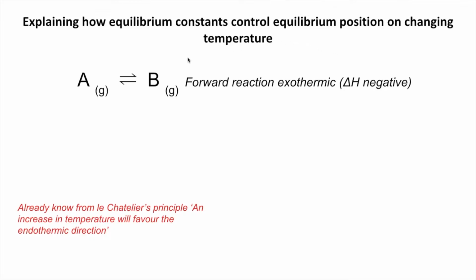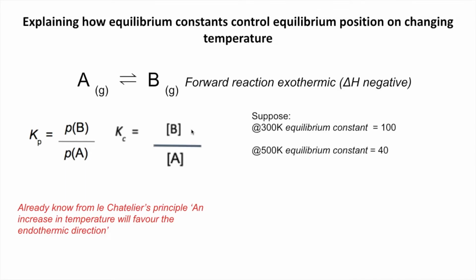So we know that the equilibrium is going to shift backwards from our Le Chatelier's principle knowledge, but that's not enough if we have to explain it in terms of the equilibrium constant. So using the AB equilibrium, the Kp and Kc expressions would look like these here. So partial pressure of B over partial pressure of A, or equilibrium concentration of B over equilibrium concentration of A.